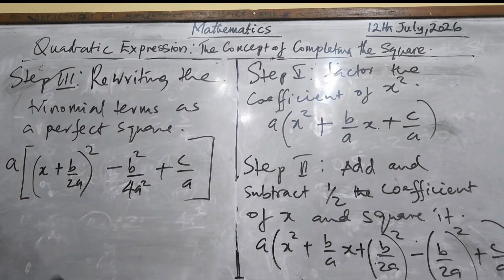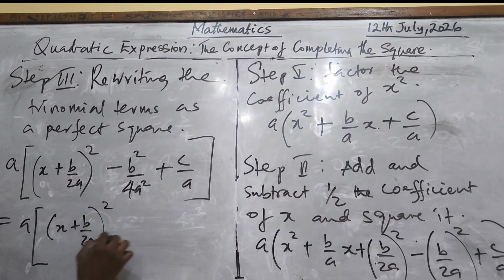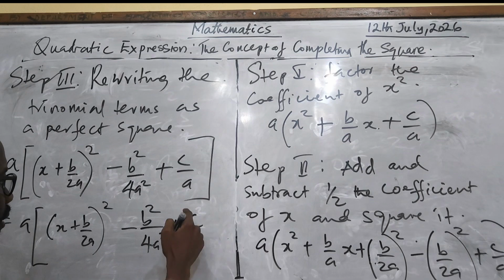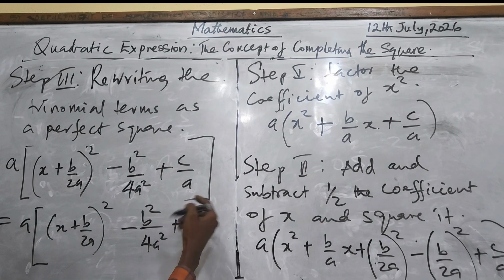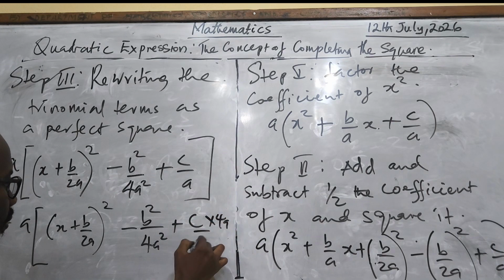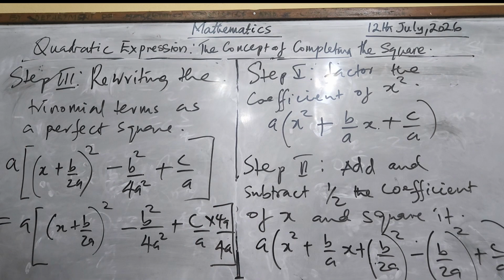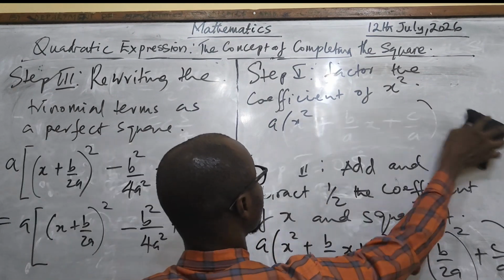So all this is the same as a times x plus b all over 2a all squared minus b squared all over 4a squared plus c. So if you divide this by a, you will have 4a all over 4a. Right, so permit me to clean the right board.